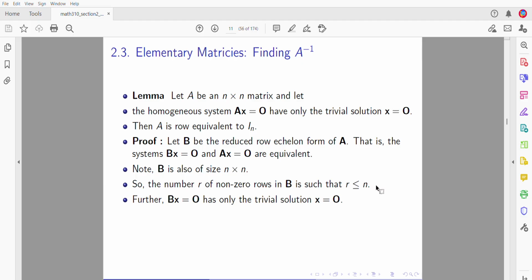On the other hand, these two are equivalent systems and A has only 0 as the solution. So Bx equals 0 also has only x equals 0 as the only solution. Which means number of variables has to be less than or equal to the number of non-zero rows. You see, if you had more variables than the number of non-zero rows, imagine the picture.